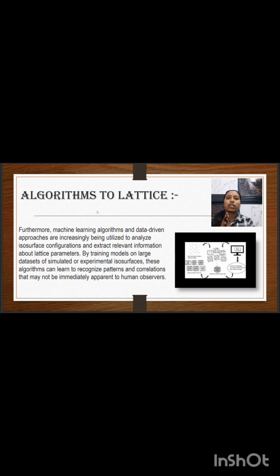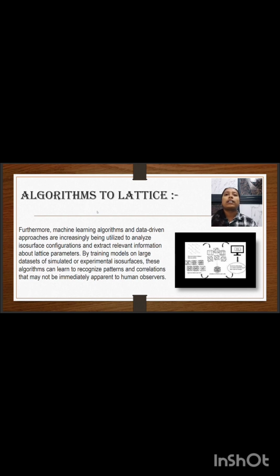These algorithms can learn to recognize patterns and correlations that may not be immediately apparent to human observation. So it has an algorithm and data-driven approach, both data and algorithm, and furthermore many of the things as shown in the figure.